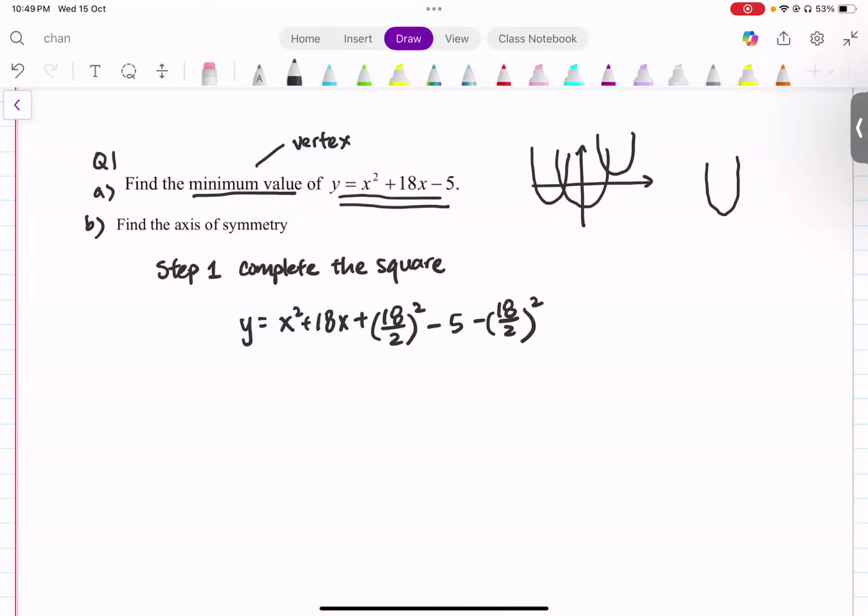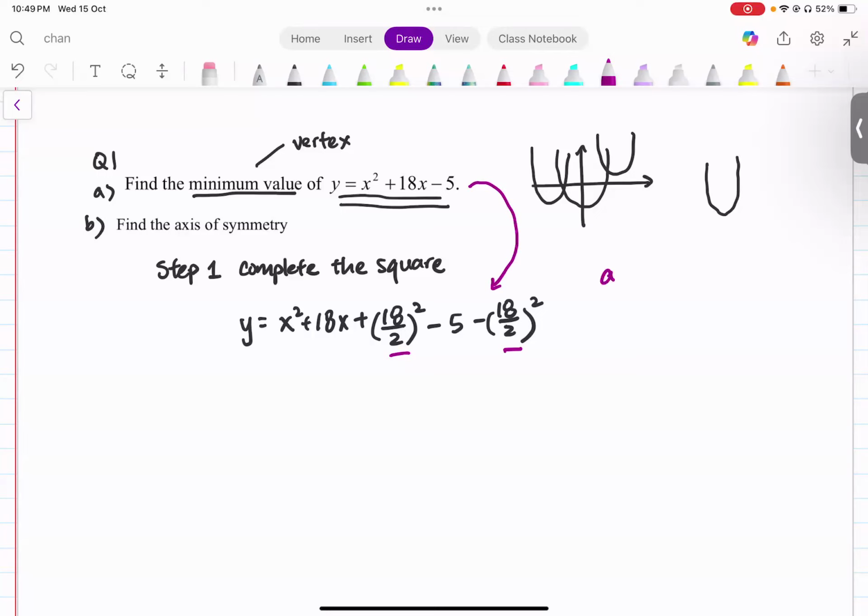So what happened in here? Well, we need to add a number and subtract the same thing. So technically, we didn't do anything. These two equations are still equivalent.